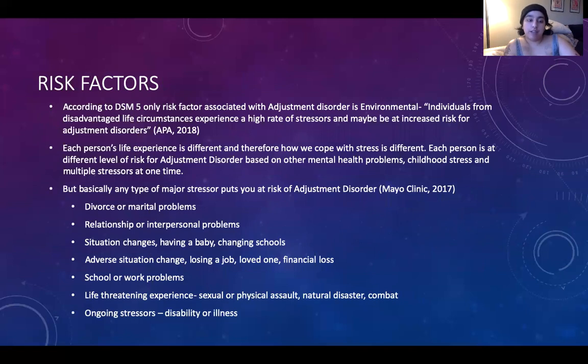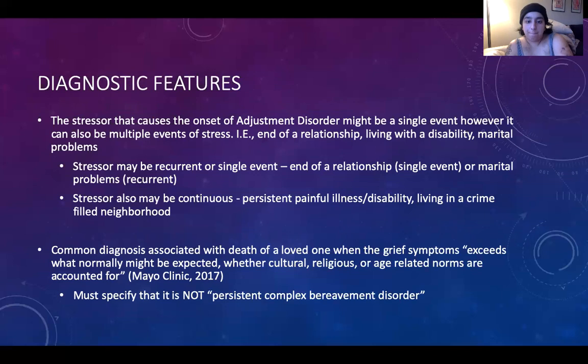Getting into the risk factors was very interesting as well, because the only thing in the DSM that I found was that it said adjustment disorder is environmental. Quote, individuals from disadvantaged life circumstances experience a high rate of stressors and may be at an increased risk for adjustment disorders. I took this to relate to what was on the previous slide about living in a crime-filled neighborhood.